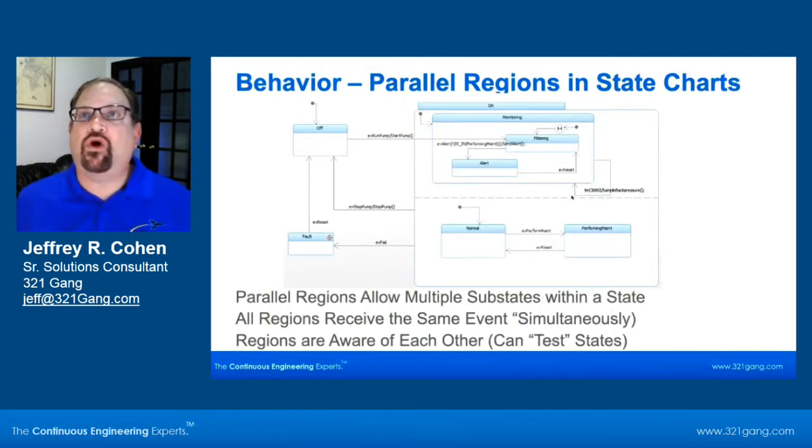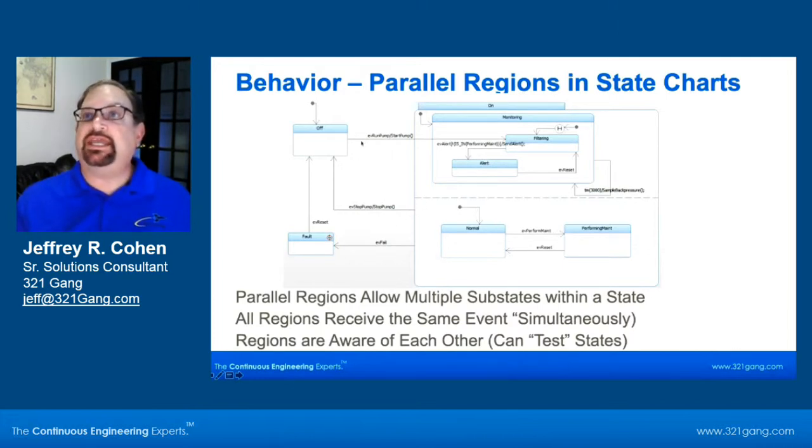One of the more complex state charts is to have parallel regions in a state chart. In this case, we're in the on state, but we're in both this top part and this bottom part at the same time. A transition out takes you out of both at the same time because you're transitioning out of the on state.